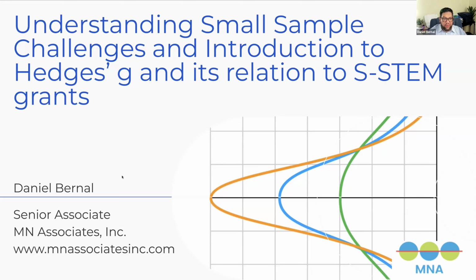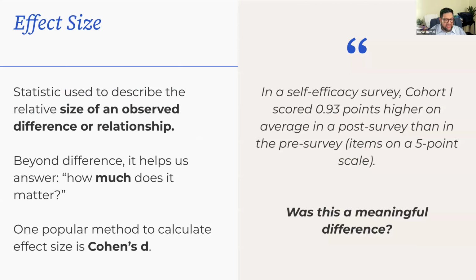But to make sure that we have an understanding of what we're talking about today, I want to start by talking about effect size. So effect size is a statistic or calculation like average, mean, median, mode, and it's used to describe the relative size of an observed difference or relationship.